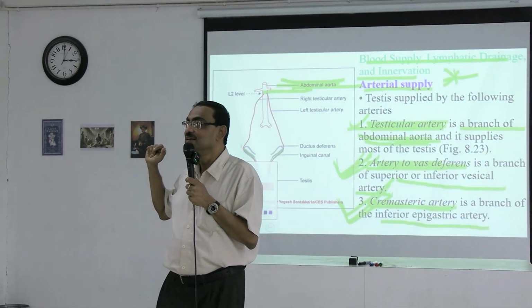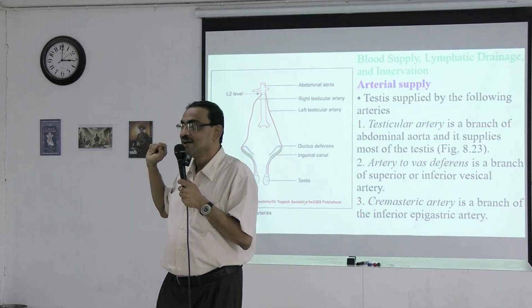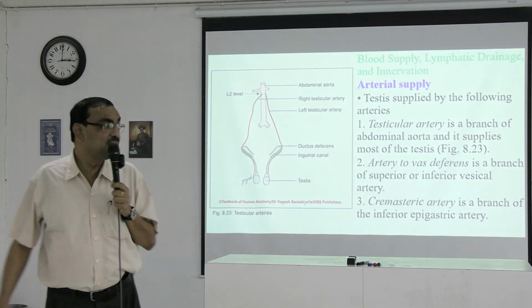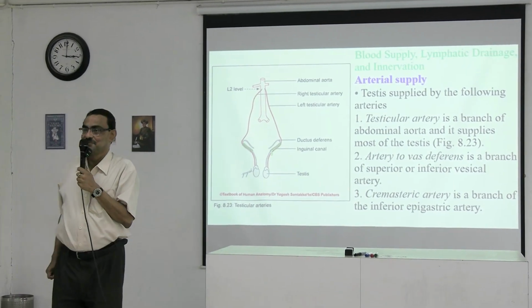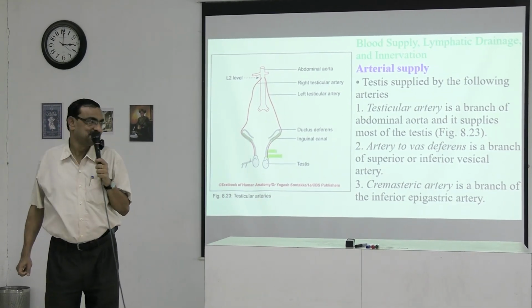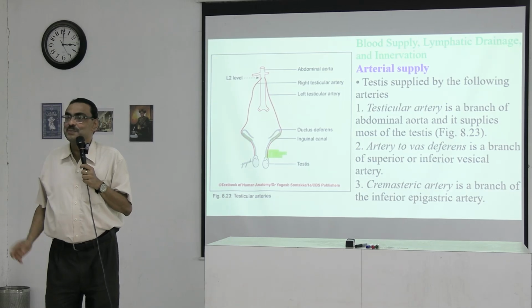Yes. By anastomosis between artery to the vas, very good. But if the testicular artery is tied near to the testis, what will happen? There will be no anastomosis.